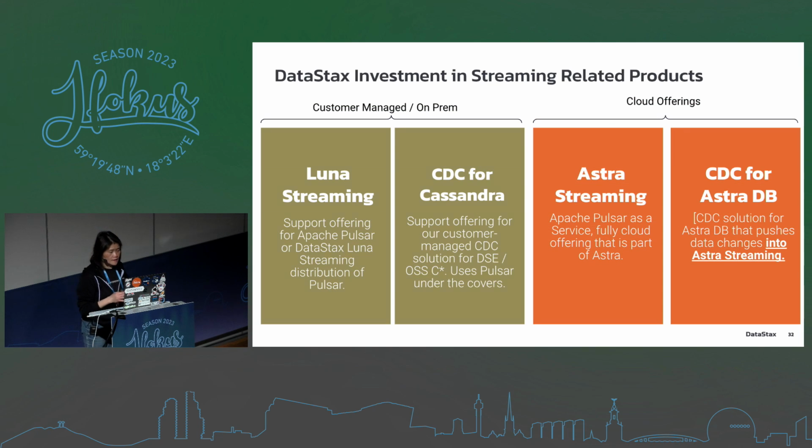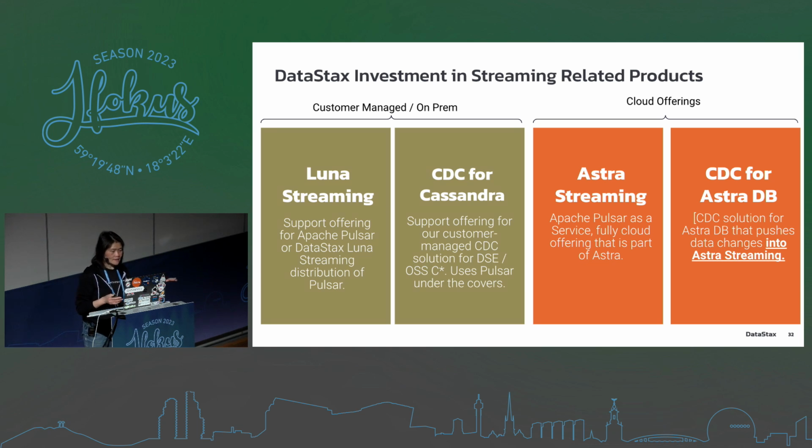And also, when it comes to CDC, as you can see over here is our DataStax investment in streaming-related products. On the right-hand side, the orange is the cloud offerings. Astra Streaming is Apache Pulsar as a service, a fully cloud offering that's part of our Astra platform. We also have a CDC solution for Astra DB that pushes data changes to Astra Streaming.